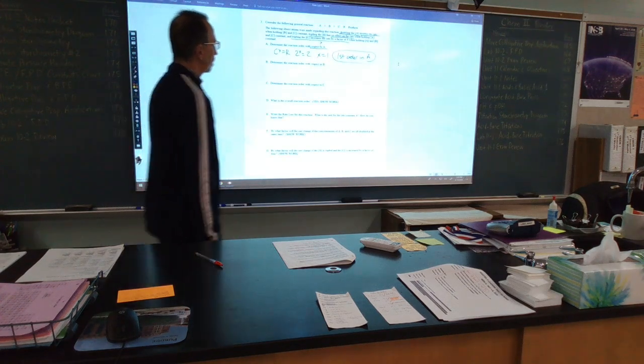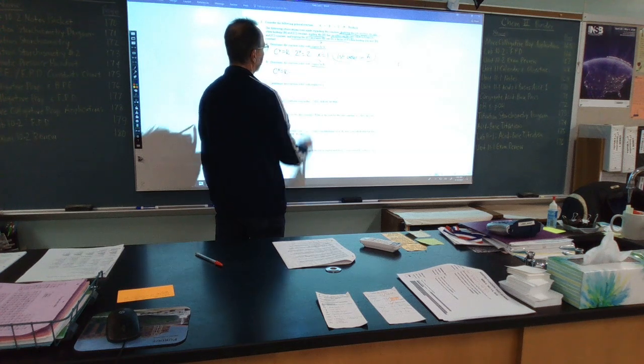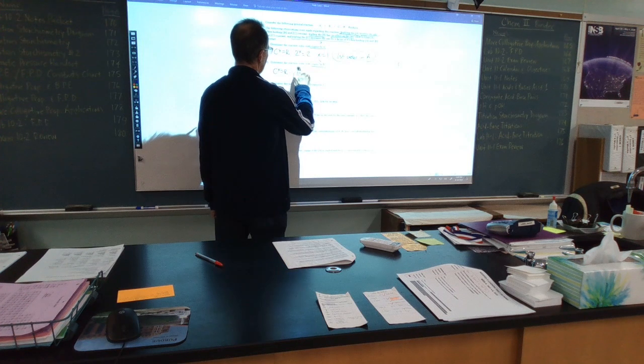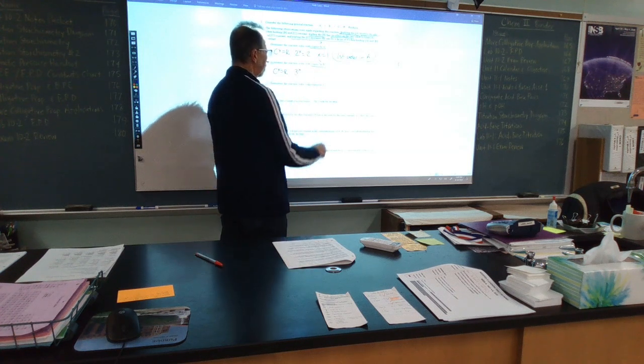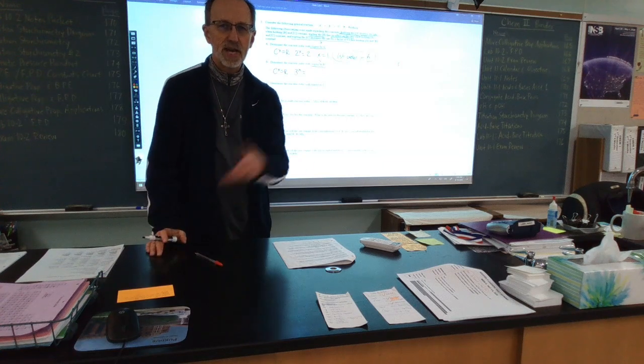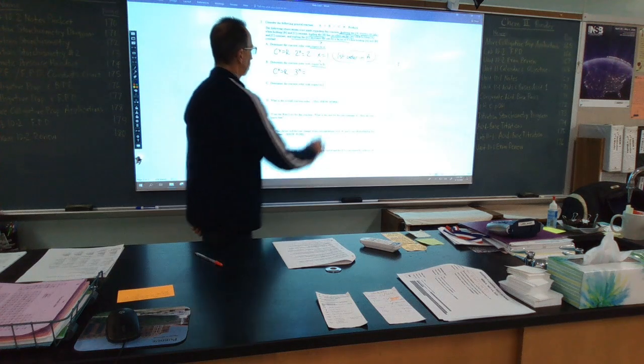Determine the reaction order with respect to B. C to the X equals R. Tripling B has no effect. Tripling B would be 3 to the X. If it has no effect on the rate, then the new rate and the old rate are the same. When you divide the two, you get 1.